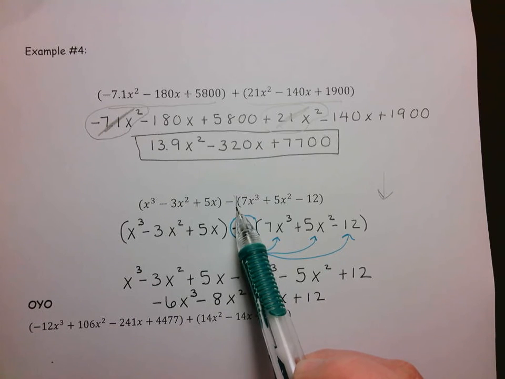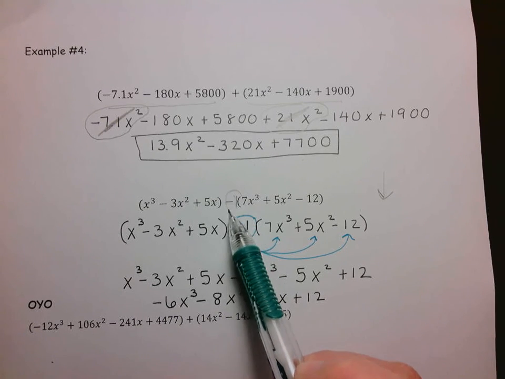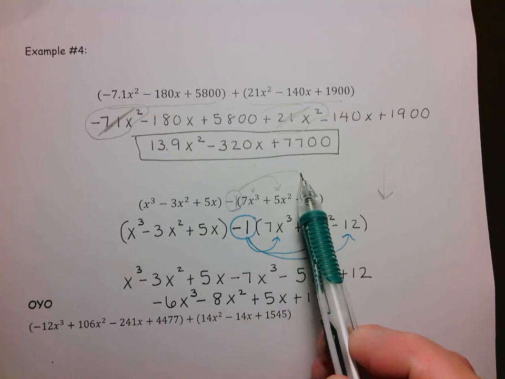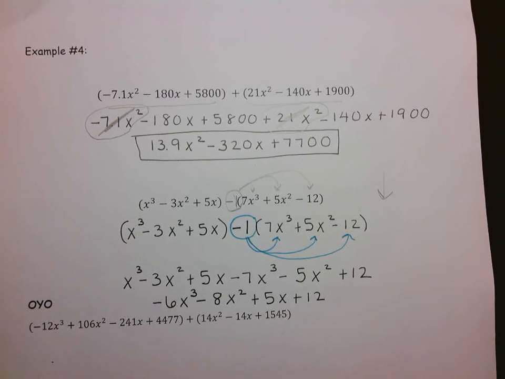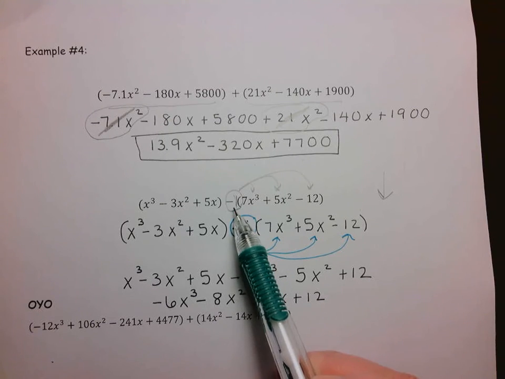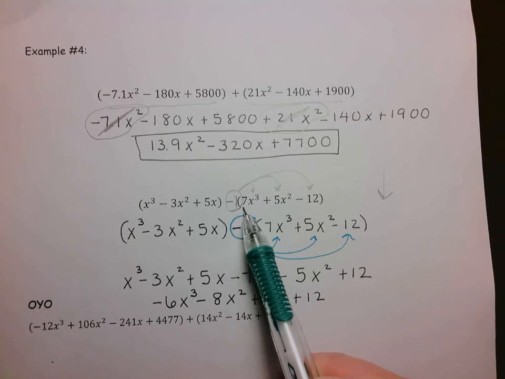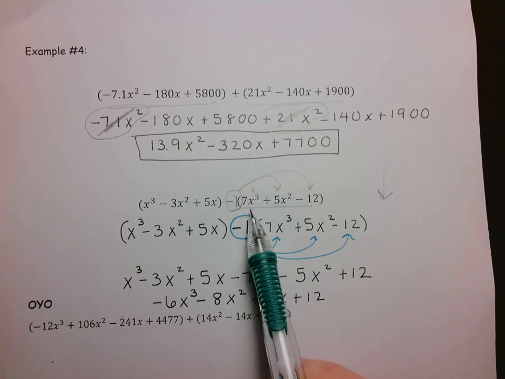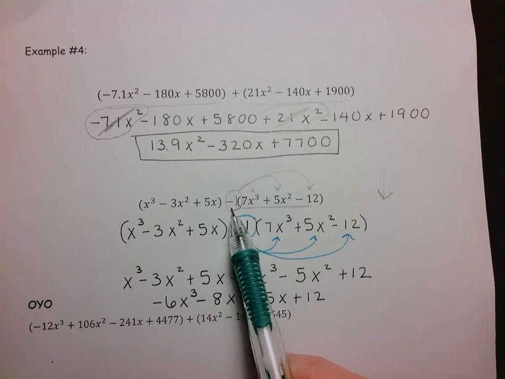So think of it this way. What I'm doing is taking this negative 1 and I'm distributing it to each term inside the parentheses. I'm multiplying this negative 1 to this polynomial. I'm taking this entire polynomial and I'm multiplying it by negative 1.